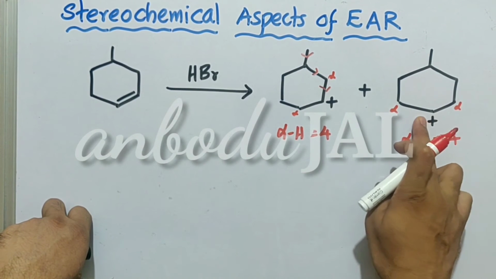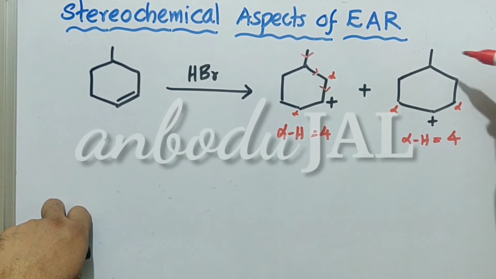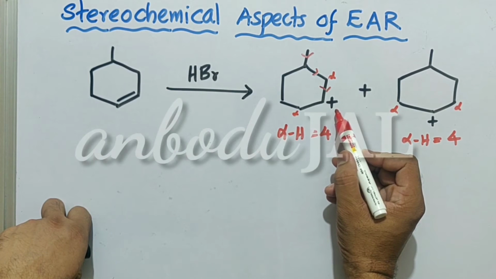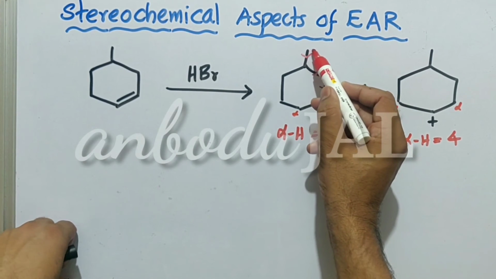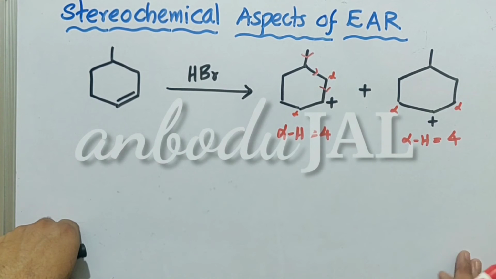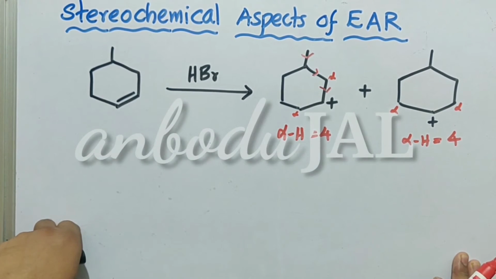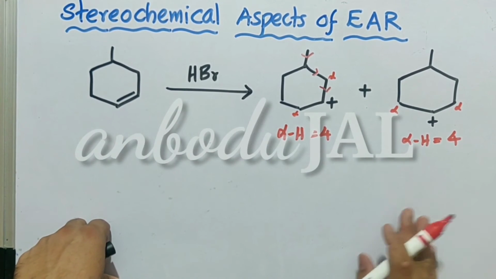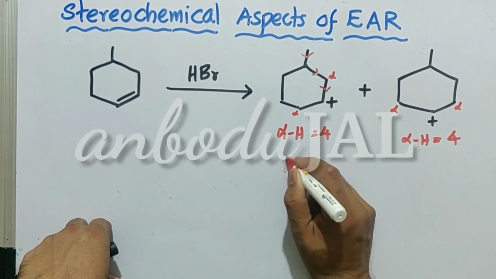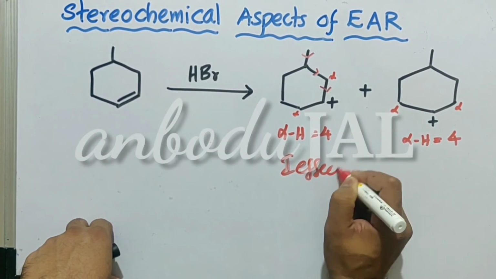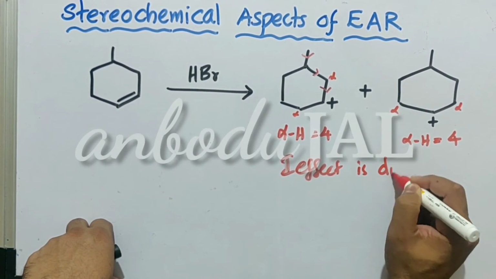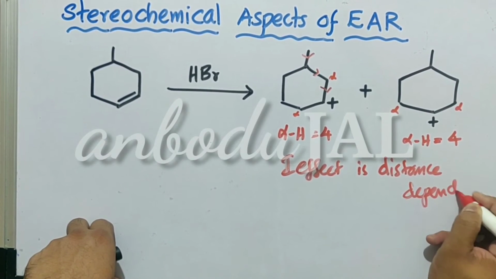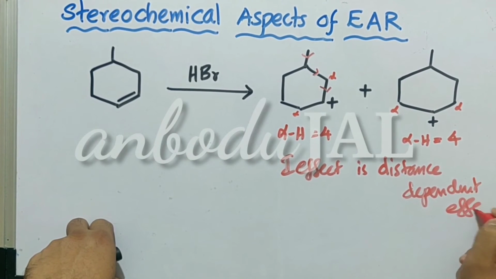Here the positively charged carbon is far away from this CH3 group. Here the positively charged carbon is somewhat near to this CH3 group as compared to this one. Okay. So as distance increases, inductive effect decreases, because the inductive effect is a distance dependent effect.